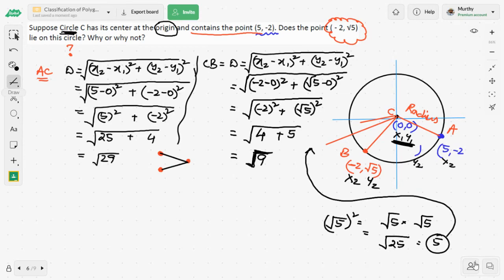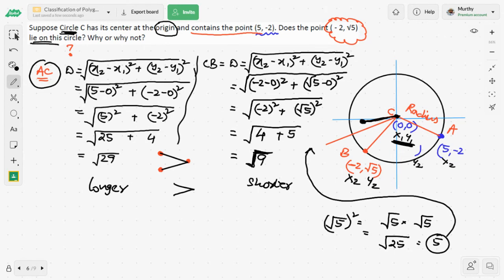So I see that AC, this one is longer and this one is shorter. Therefore, if this is shorter, it must be smaller than the radius, which means this point B is not on the circle.